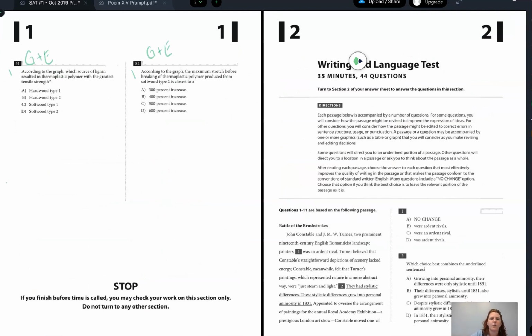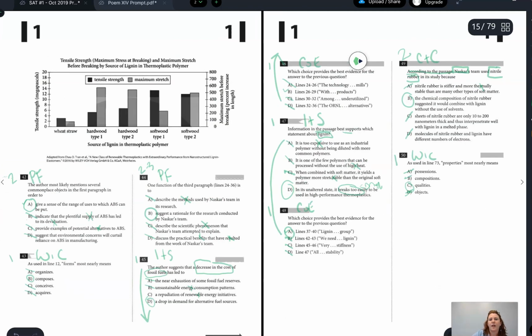According to the graph, which source of lignin resulted in thermoplastic polymer with the greatest tensile strength? So source of lignin, greatest tensile strength. Let's take a look at the graph. Okay, look at this graph, guys. There are two y-axes. Look for that. What that means is that tensile strength is being judged on this axis, whereas maximum stretch, the gray, is being judged on this axis.